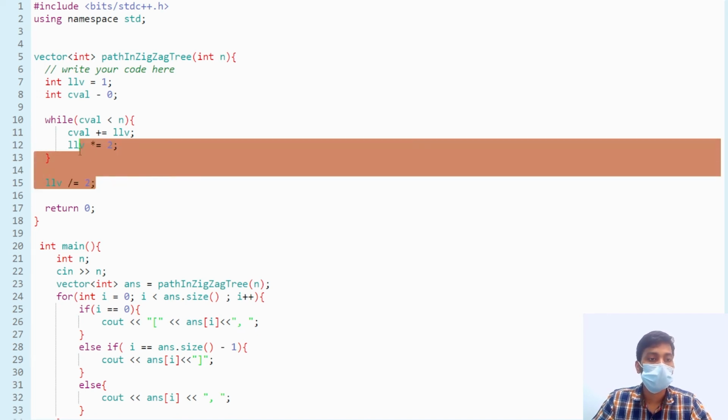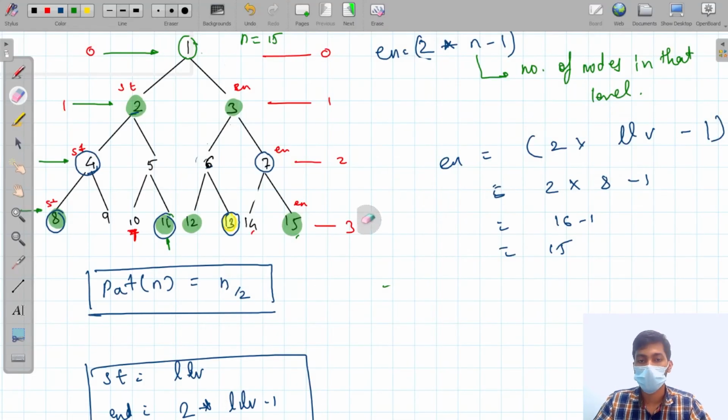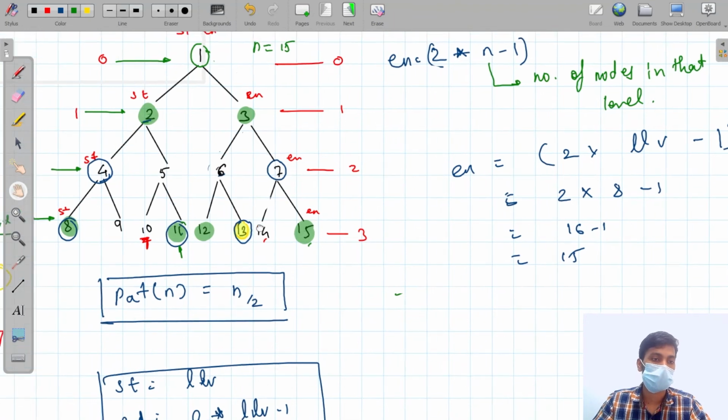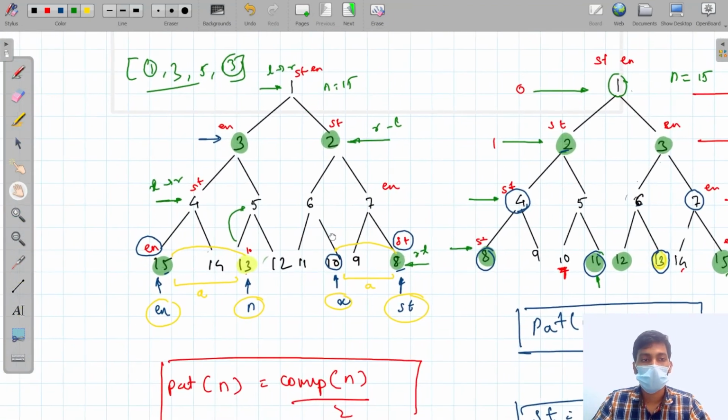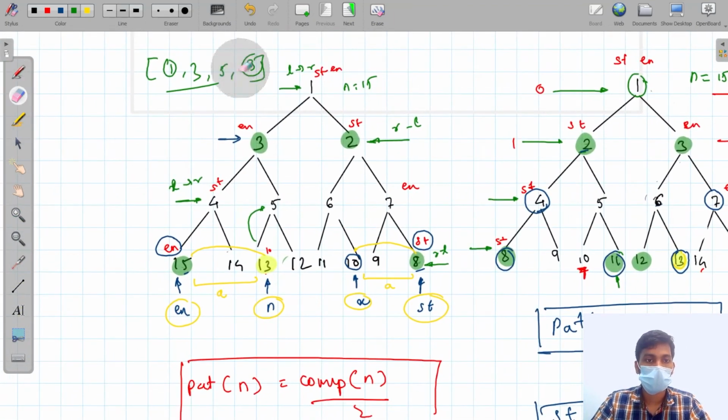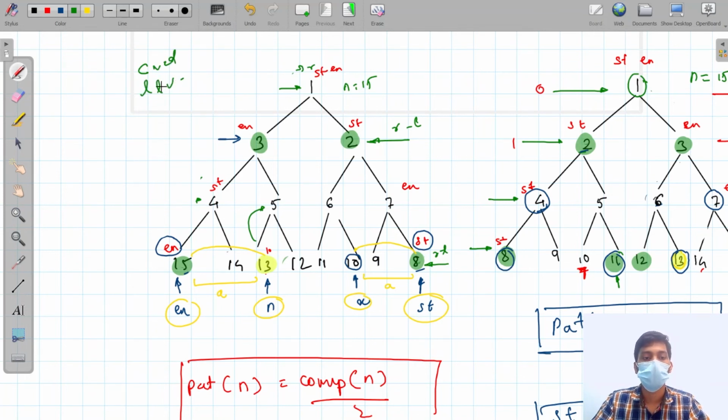So what I actually did here, if you are not able to understand with this example, I'll try to explain. Let's place these things. We have these two values. First one is current value and second one is last level value. What this last level value is going to give us at every level is the number of nodes that are going to be at this level, right? For this it is going to give us 2, then 4.